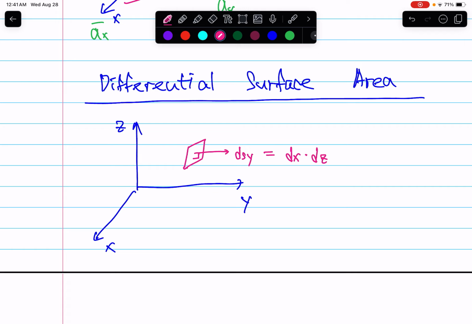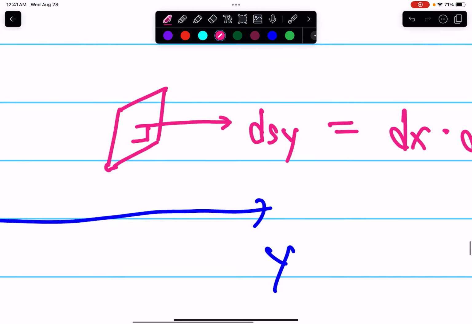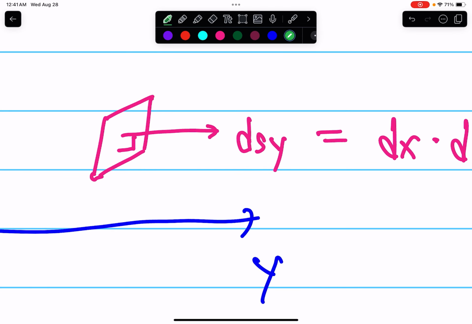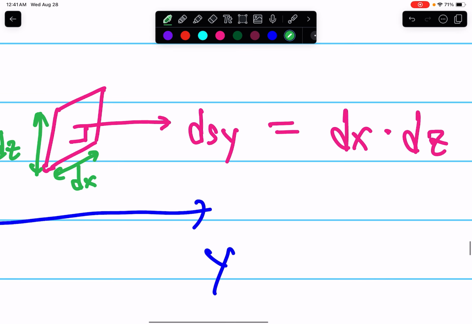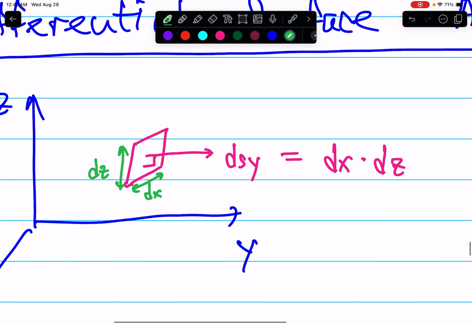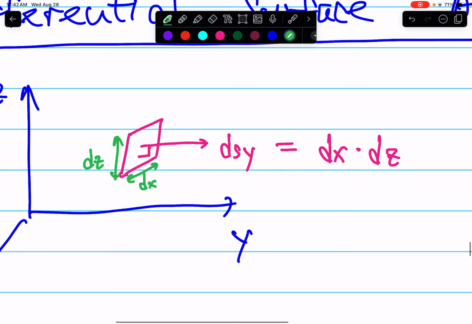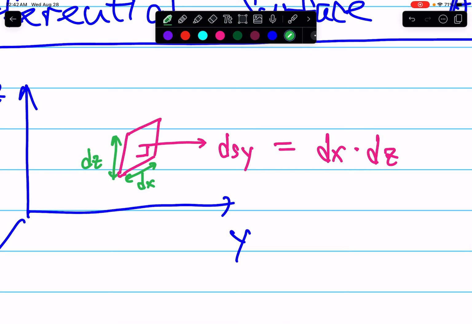Okay, because now we have this part is dx, and this part is dz. So the surface area itself pointing towards where its normal vector is pointing towards the y-axis is defined by dx times dz.